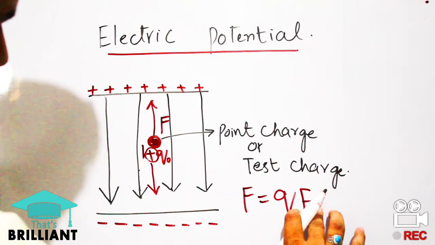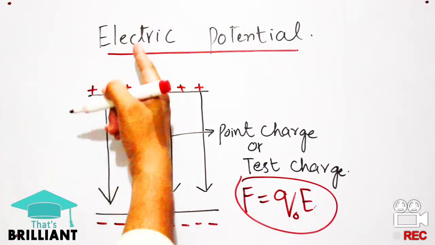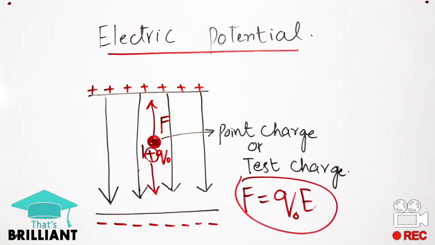So this force is equal to Q naught into E, which will be the Coulomb force between these two plates, and this is the product of charge with the electric field, which is known as a force.